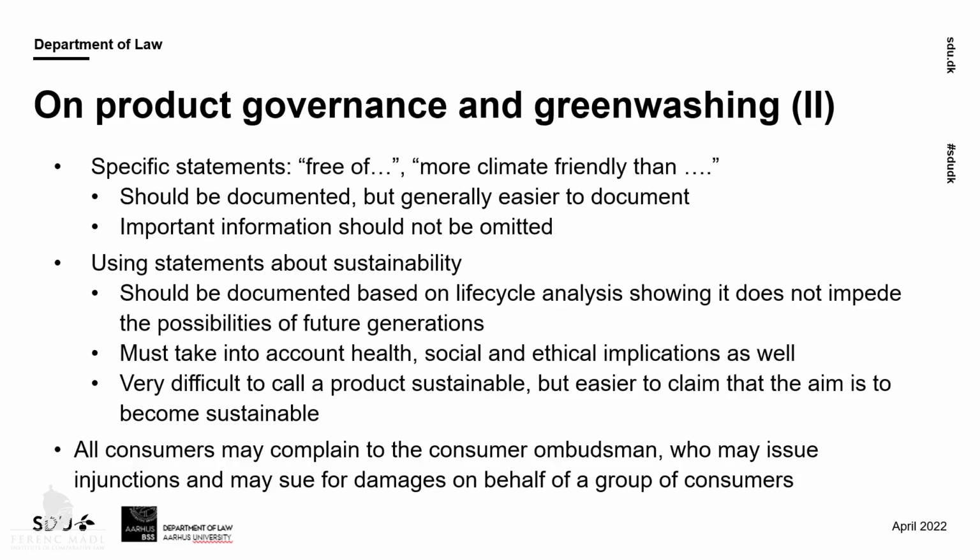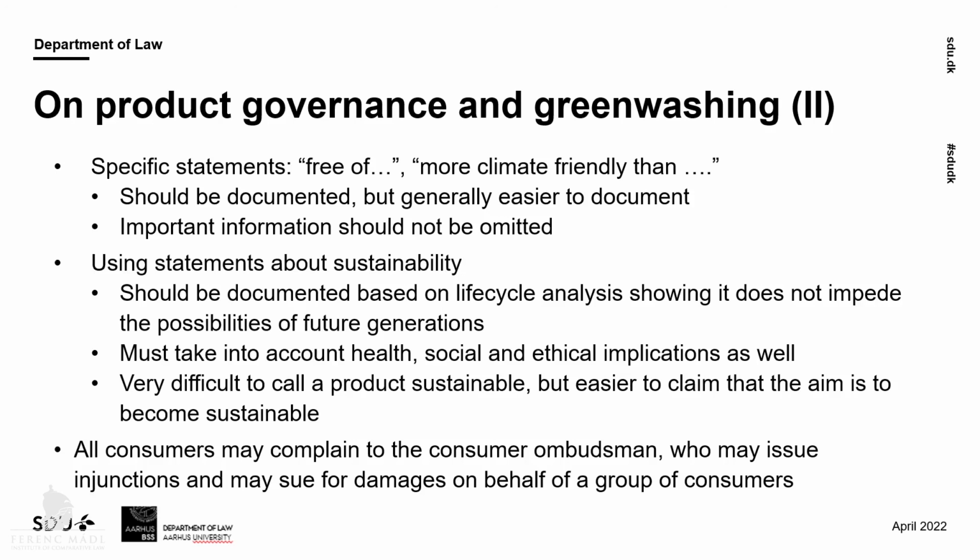So it's difficult. And then you have more specific statements which are not claiming that they are in general just good, but have features which are good for the climate or ethical aspects, and that's easier to document. So there you have the possibility to go ahead. As for sustainability, that is also addressed specifically.